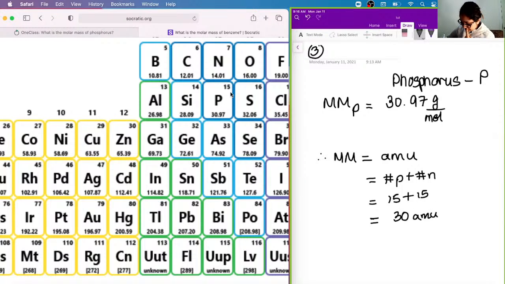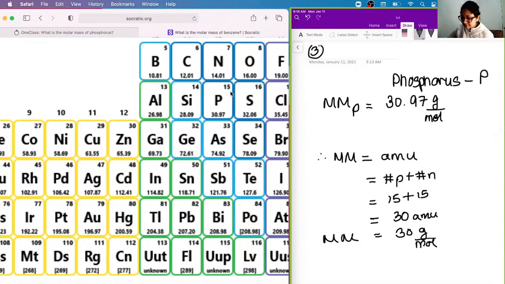And so you can also say this as 30 grams per mole. You just have to convert the units, and so this is what molar mass is equal to, right? And you can see it's roughly that. However, your protons do not change the number. It's always your atomic number. However, your neutrons can change.